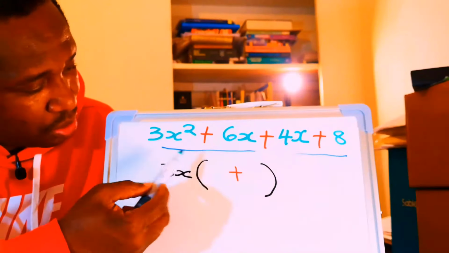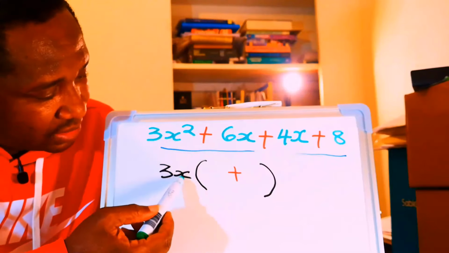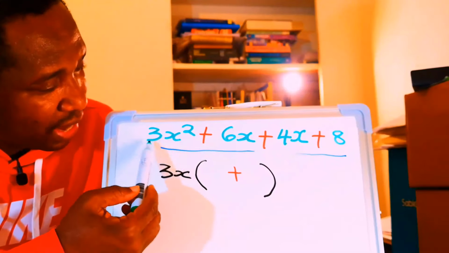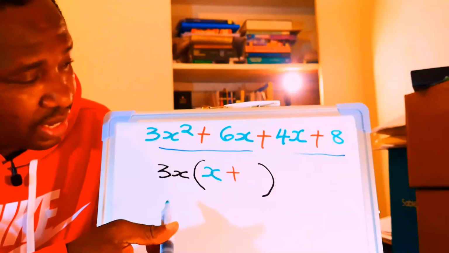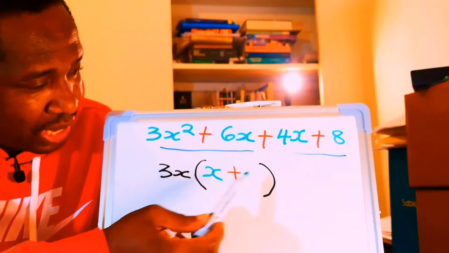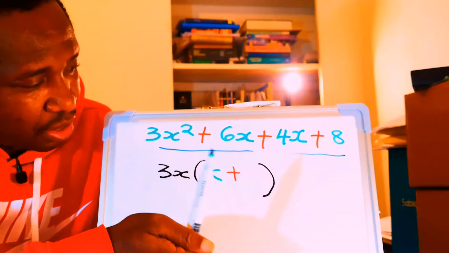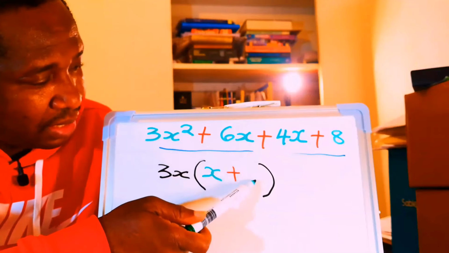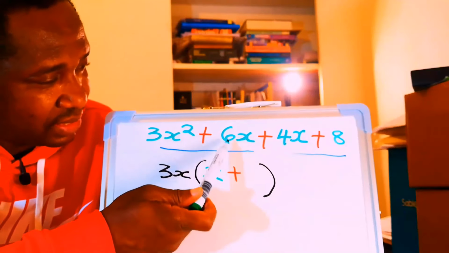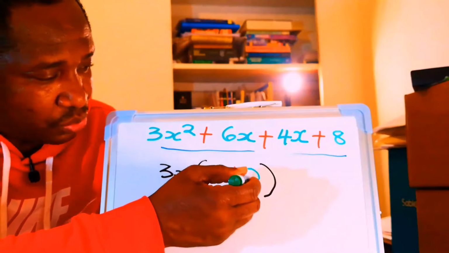Next is what will 3x multiply so that I will have 3x squared. It is x. Next, what will I put here so that when I multiply the number with 3x, I will get 6x? It is 2.